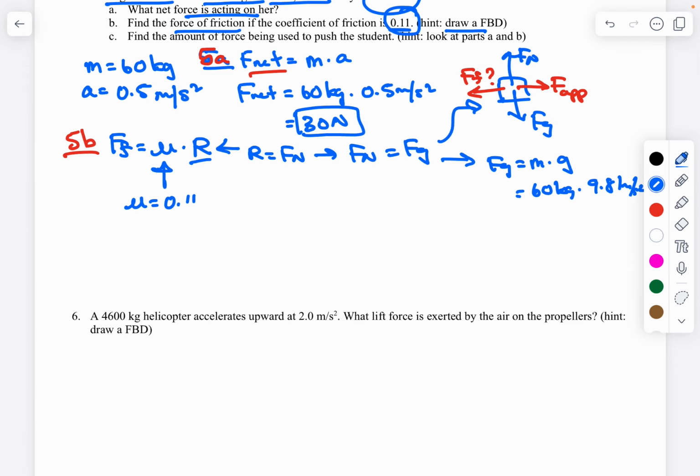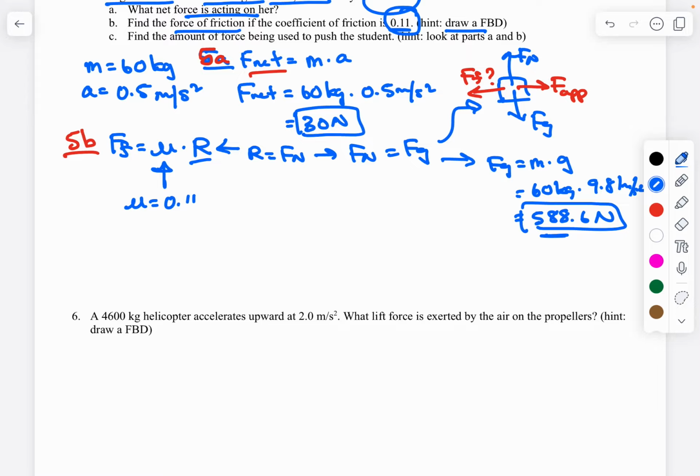I had to put it in the calculator, 9.81. That is 588.6 newtons. So now we know what R is. Because we know what R is, we can multiply it.